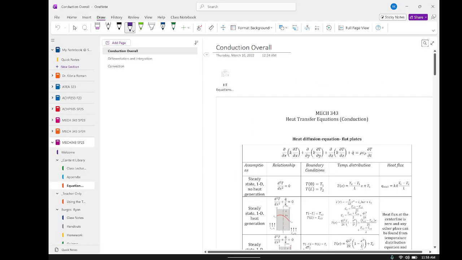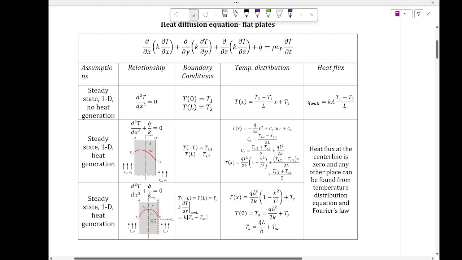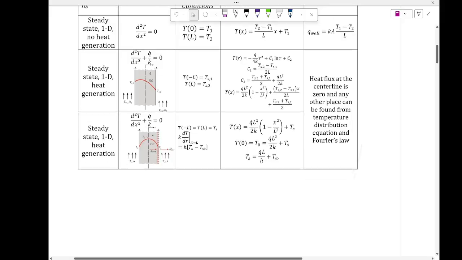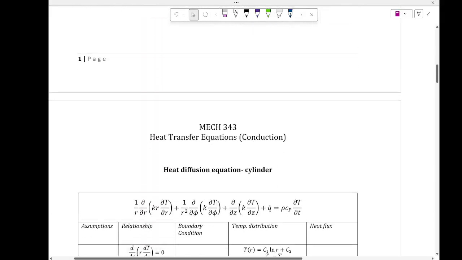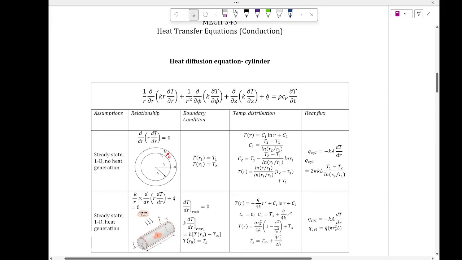All right, conduction overall. So this is the equation manual I created for you guys, and I'm going to give it to you so you can use it in the exam. I want everybody to print it before you come to the exam. If you need help with printing, let me know. I'm going to do it for you, but otherwise I would expect you to do that.